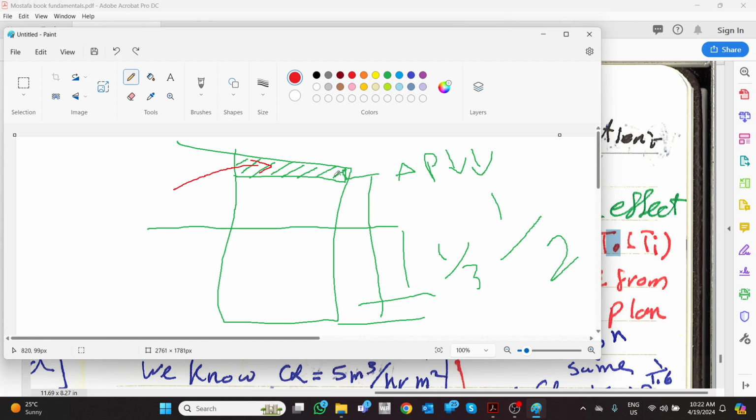When air infiltrates inside, the air will move down, so it will have high pressure here and low pressure there. Always air will enter here, and always air will escape from here. To know this, you need to study this height.